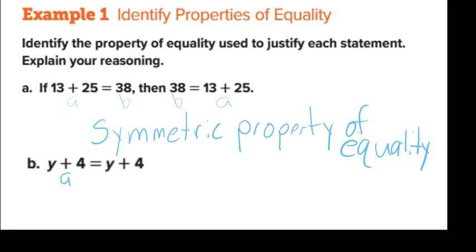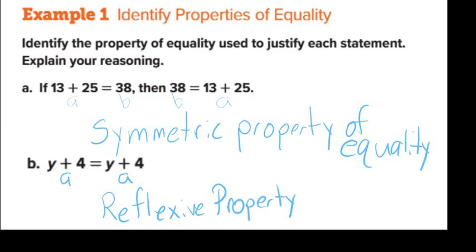Part B says y plus 4, which I'll let be A, equals y plus 4, which I called A. So it has something equal to itself. That would make this the reflexive property of equality. You're just trying to see which one it matches up with.